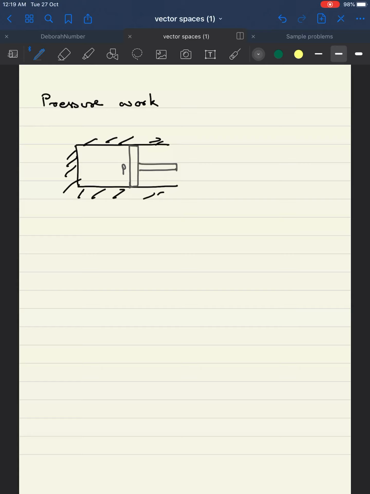So the work done on the surroundings, it's easier to calculate the work done on the surroundings in this particular case, is the integral of F, now this F is the force on the surroundings, into ds when you move from 1 to 2. So let's say you started off with x1 displacement, now you are at x2 displacement, and this p into this quantity will just become pA dx.